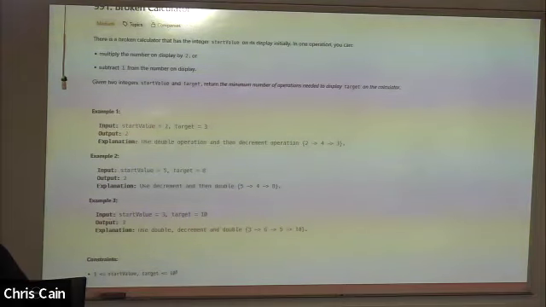Any other thoughts so far? Yeah, my thought so far is, first of all, start by checking if the start value is a multiple of the target value. Then check whether or not you can double, and if so, double the start value.